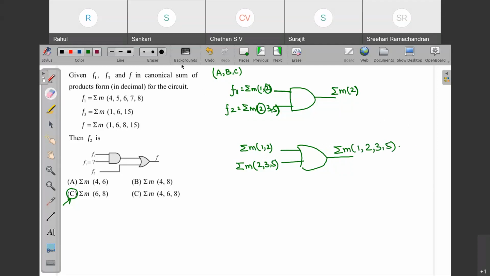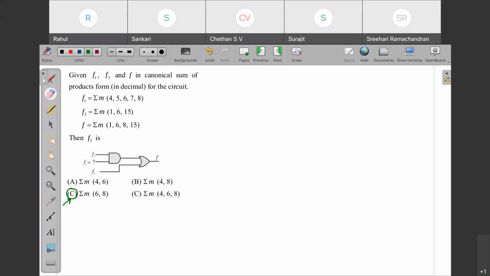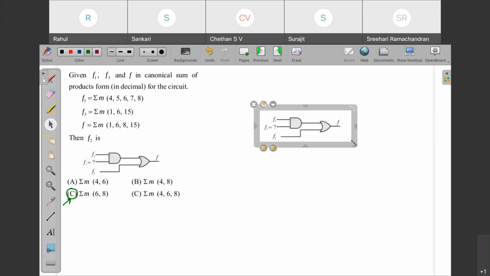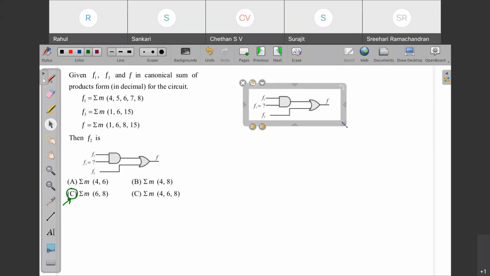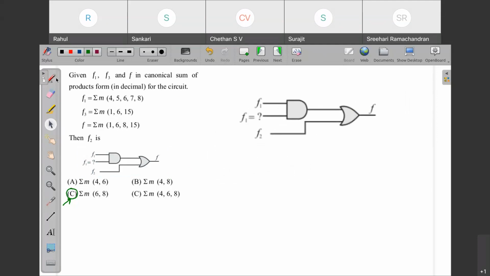So look in this question, what is given. It is given F1 is min terms 4, 5, 6, 7, 8. F3 is 1, 6, 15. So what is this F3?